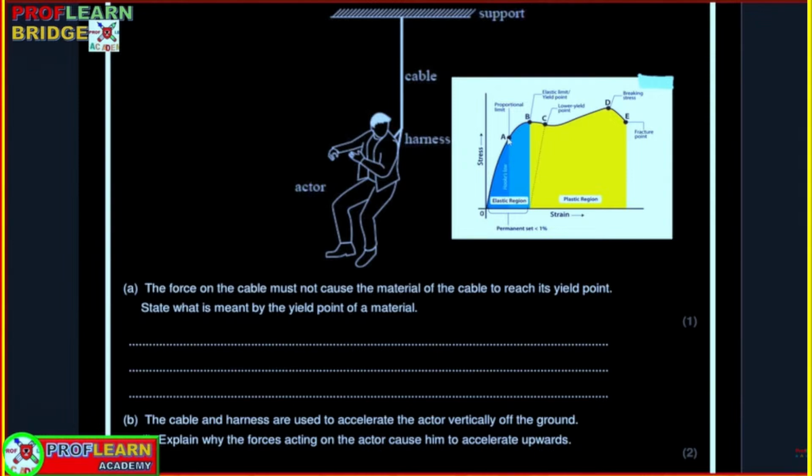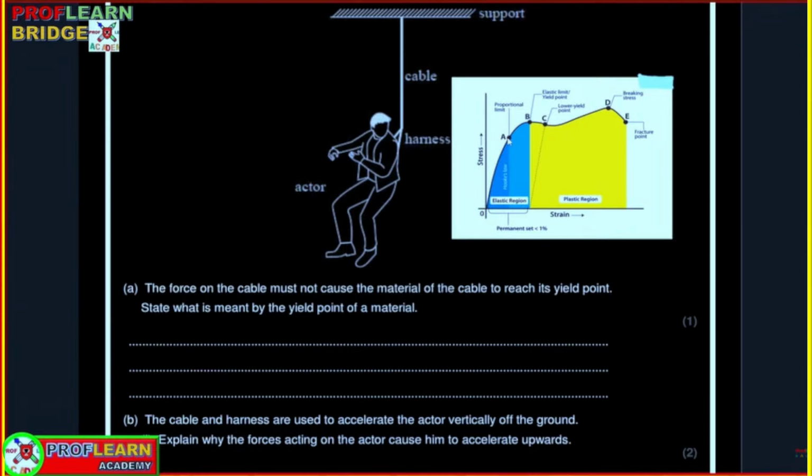Now, if you look at the stress-strain graph, we have different sections. The first section is A, which is the limit of proportionality. From O to A, the material behaves in such a way that stress is proportional to strain.